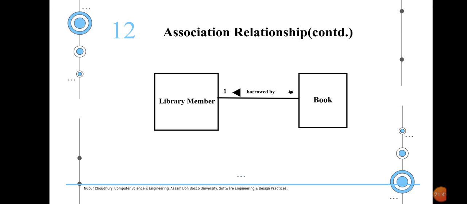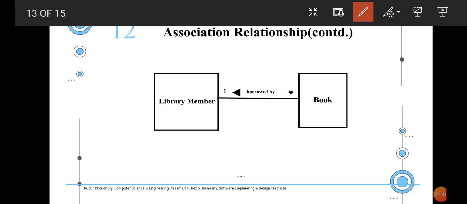If we look at the association relationship from a diagrammatic point of view, library member is a class, and book is another class. Both of them are interacting using association. Here we have not used this arrow, but instead we have used an arrowhead on top, where a book is associated with the library member, and the library member will be borrowing a book. That association will be represented using this name, which is book borrowed by library member.